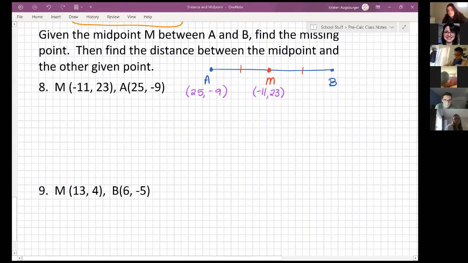You can do this in a whole bunch of different ways. You can think about each of these as being pieces of an equation, and you can use the idea that the midpoint is equal to add up the ends and divide by 2.